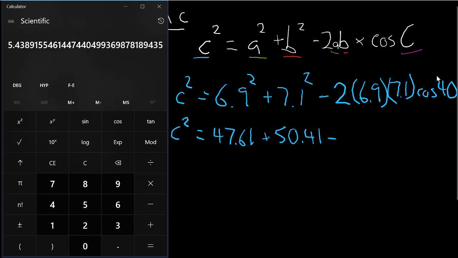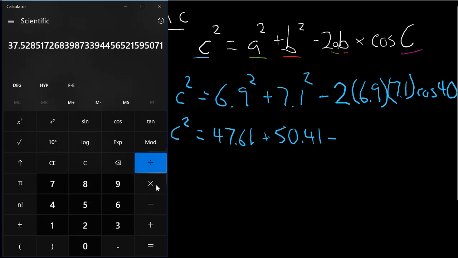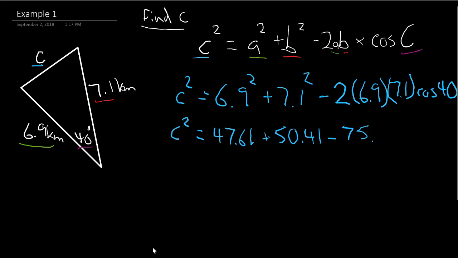Alright, so I've multiplied those two final terms. Now I'm going to multiply it by 6.9 times 6.9 equals that. Then multiply that by 2, which is our last term. And I'm going to round it to 2 decimal places, so 75.06.